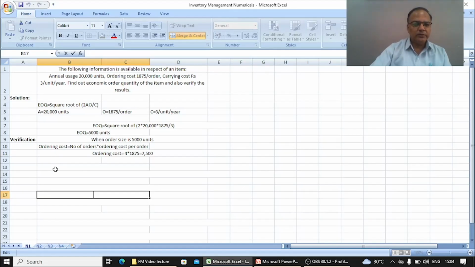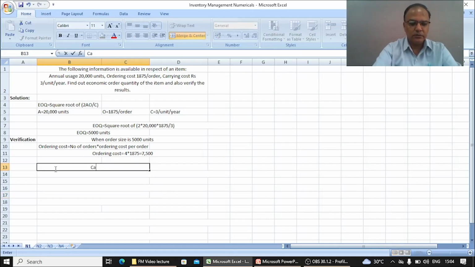Now, carrying cost. Carrying cost is equal to average stock into carrying cost per unit per year.